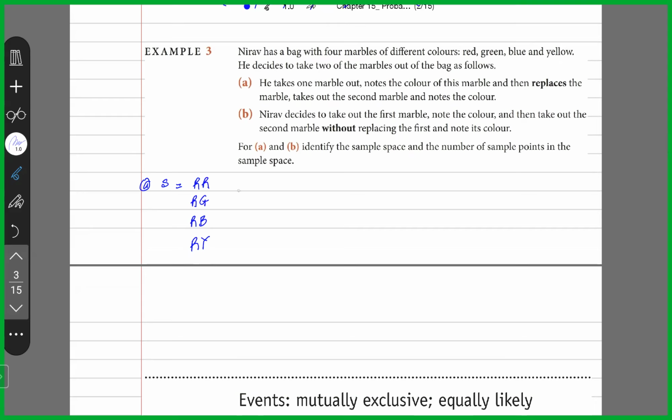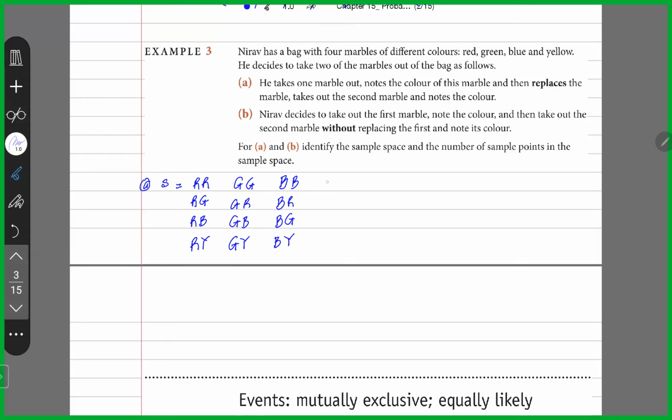If the first color was green, I could get green, green. I could get green, red. I could get green, blue, and I could get green, yellow. I could get blue, blue. I could get blue, red. I could get blue, green, and I could get blue, yellow.